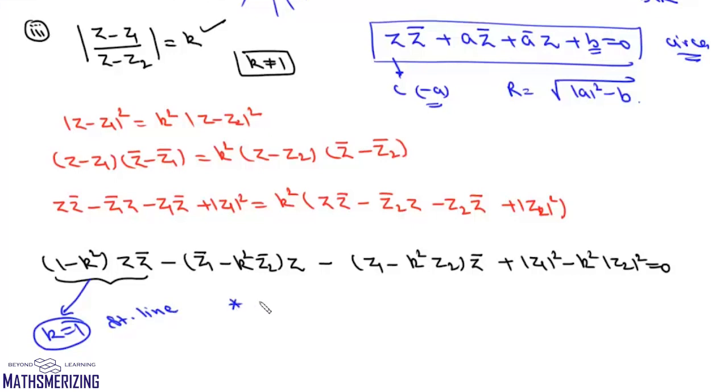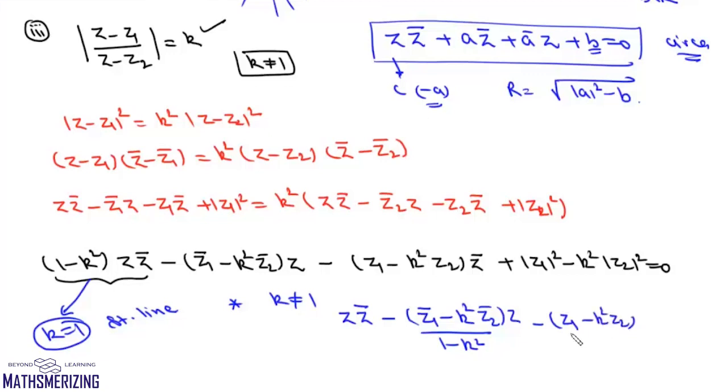But if this k is unequal to 1, we can write this as z z bar minus [(z1 bar minus k square z2 bar) upon (1 minus k square)] z minus [(z1 minus k square z2) upon (1 minus k square)] z bar plus [(mod of z1 square minus k square mod of z2 square) upon (1 minus k square)] equals 0, which is z z bar plus a bar z plus a z bar plus b equals 0, which is the equation of a circle.